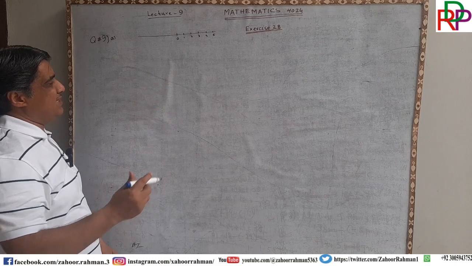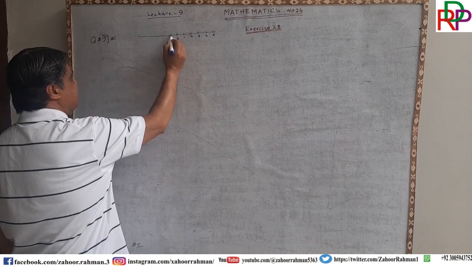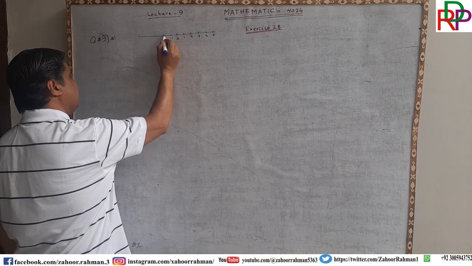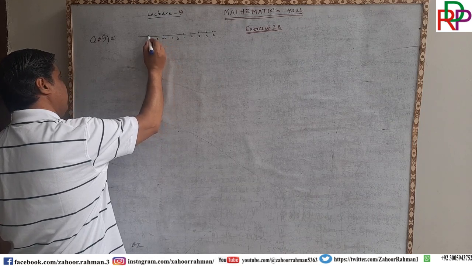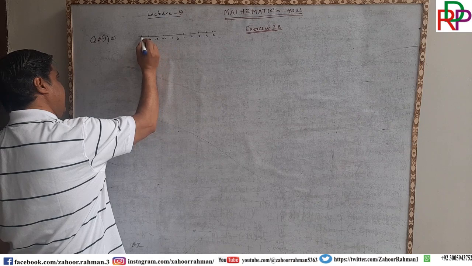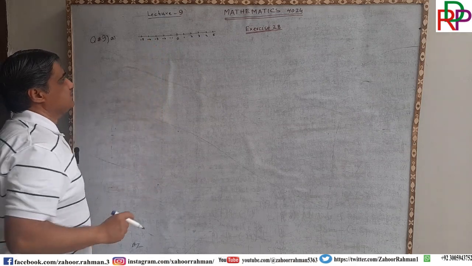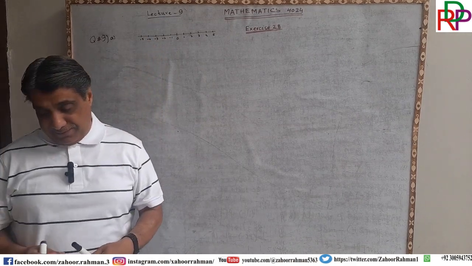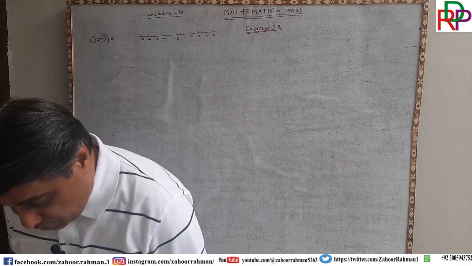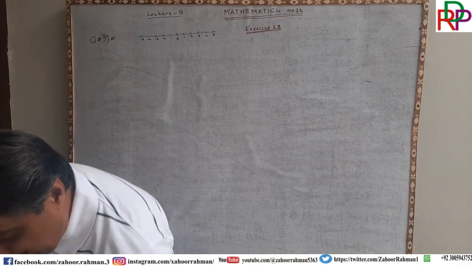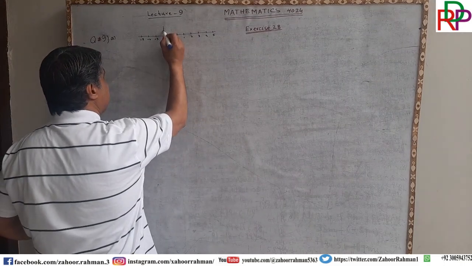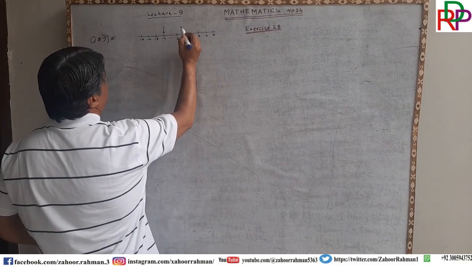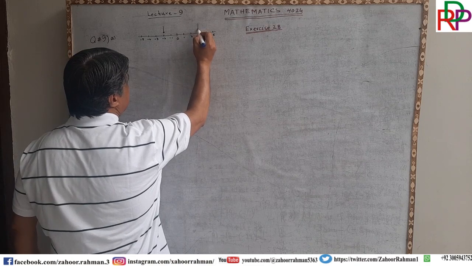Similarly, on the left side there is minus 1, minus 2, minus 3, minus 4, and minus 5. This is minus 2 and this is 3.